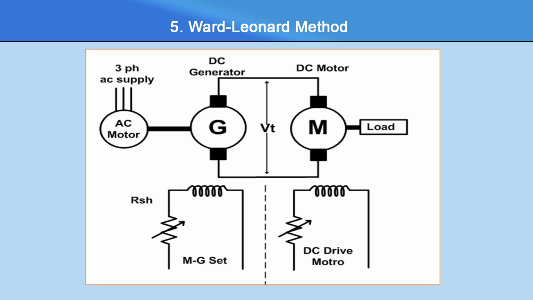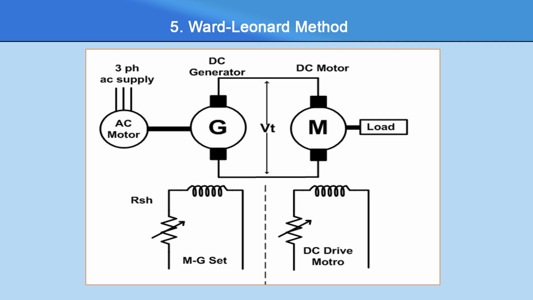Remember the equation N = (V - Ia R)/(K φ). V is the important term. If V increases, the speed will increase. If V reduces, the speed will reduce. So, this is the Ward-Leonard method, which uses terminal voltage control for the speed control of the DC motor.